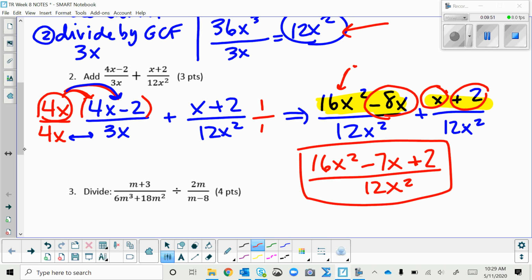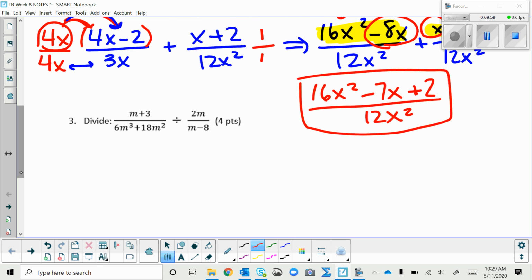Okay, so we just added 2 rational expressions with unlike denominators. Now we are going to do a division of rational expressions. So hopefully whenever you see fractions being divided, your brain starts firing keep, change, flip, or multiply by the reciprocal, right?